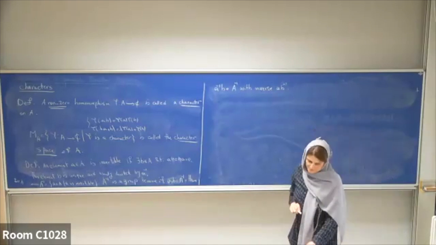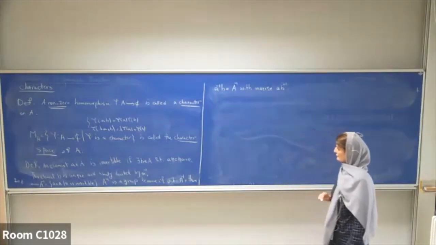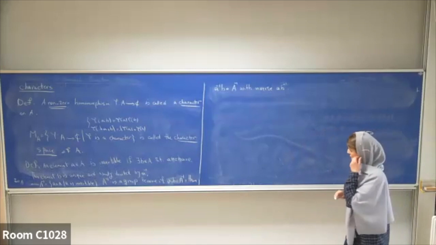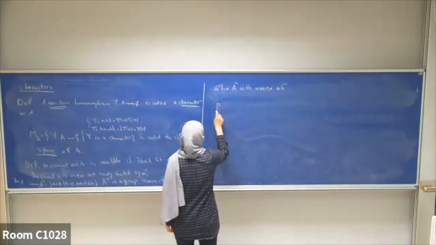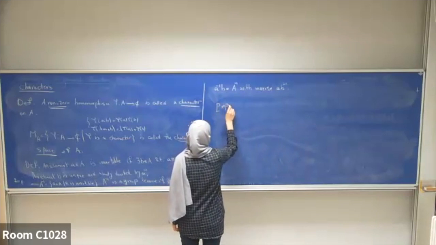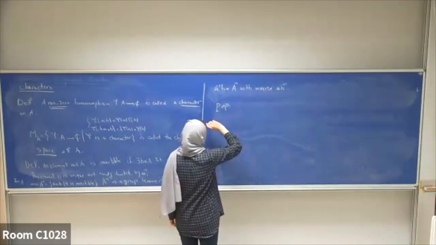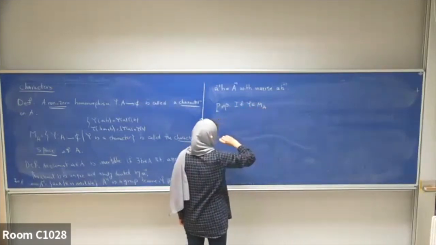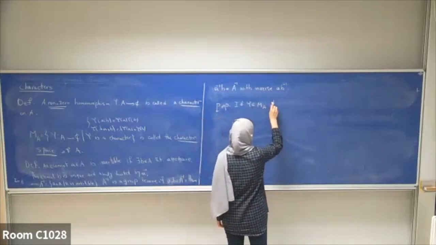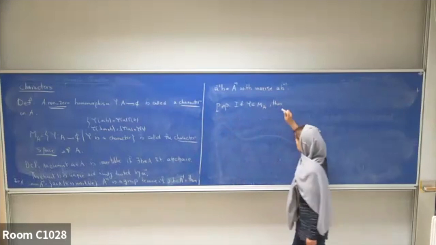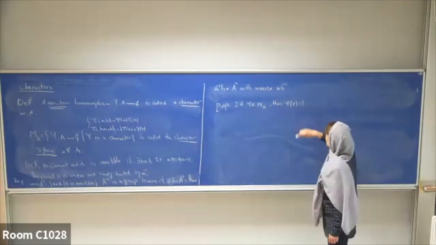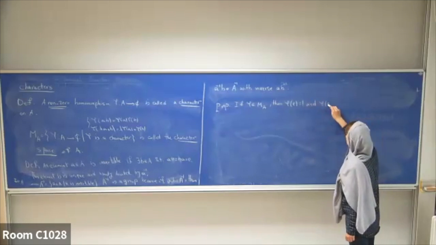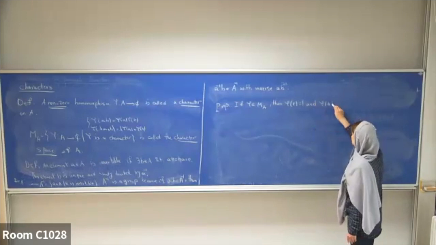And just finally, I say a proposition. It's a really simple proposition. If phi is in M of A, then phi of the identity element is always 1, and phi of each invertible element is not 0.